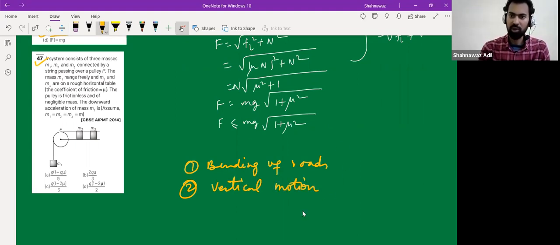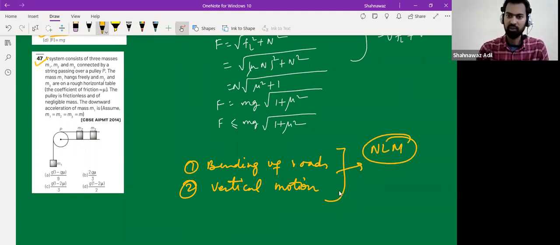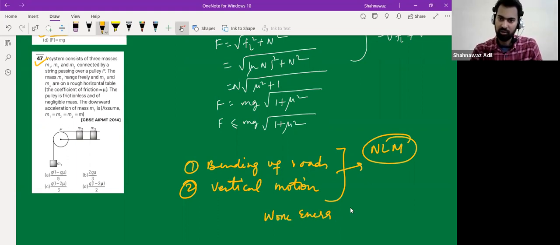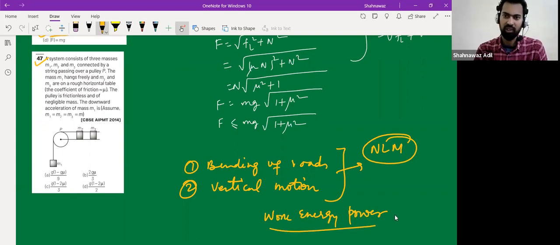These two parts are remaining in your Newton's laws of motion. In the next class I will be covering these two, and then I will start work, energy and power. That is how your syllabus sheet is given, so we are going according to our syllabus.